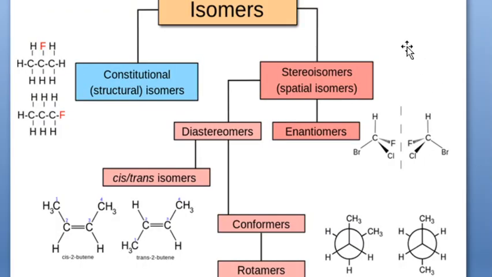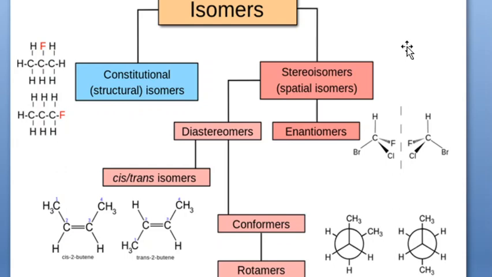Isomers are broadly classified into constitutional isomers and stereoisomers. Isomers are molecules which have the same molecular formula but differ in physical and chemical properties. If they differ structurally, we refer to them as constitutional isomers. We have learnt chain isomers, position isomers and so on as constitutional isomers.